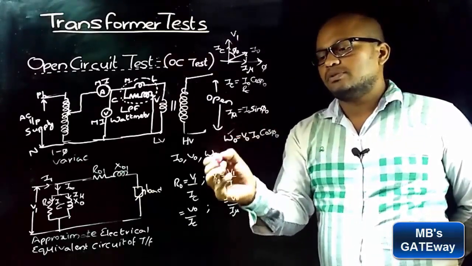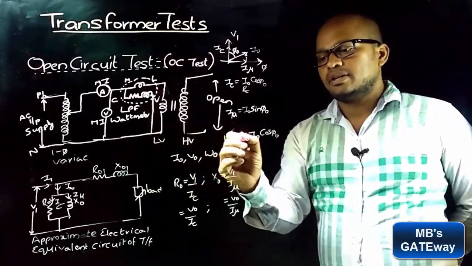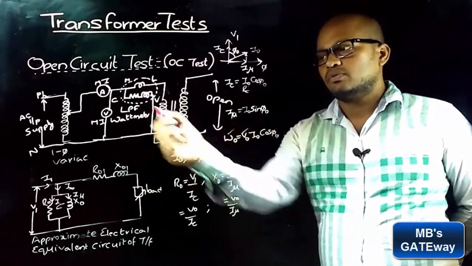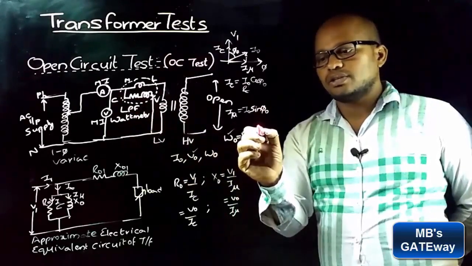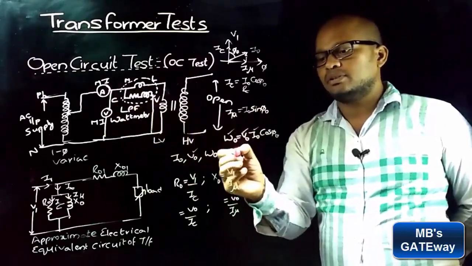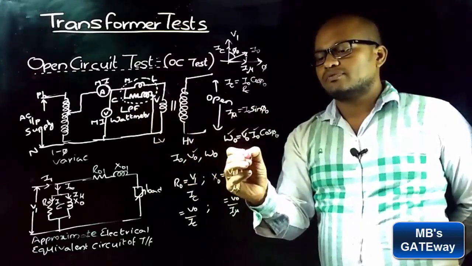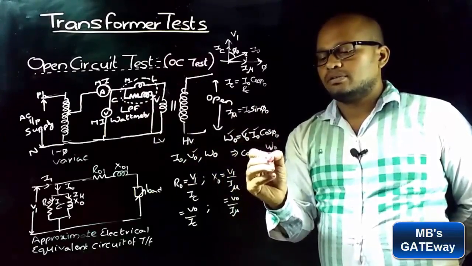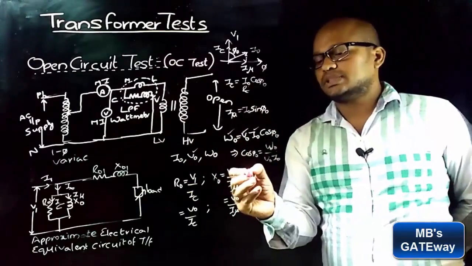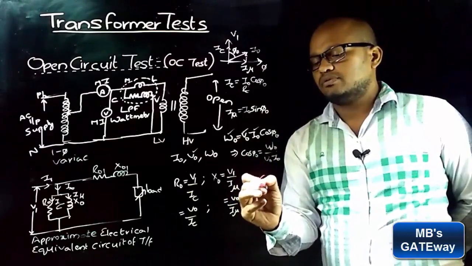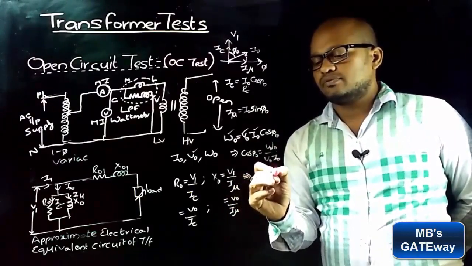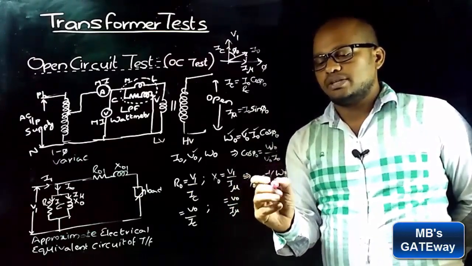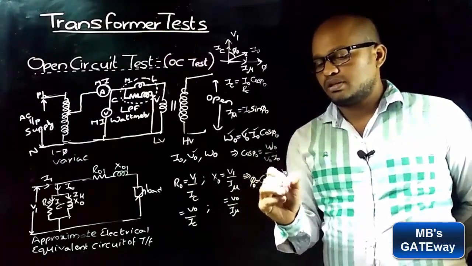So W naught is known from the wattmeter reading, and V naught is known from voltmeter reading, and I naught is known from ammeter reading, which implies cos phi naught is equal to W naught by V naught I naught. That implies phi naught is equal to cos inverse of W naught by V naught into I naught.